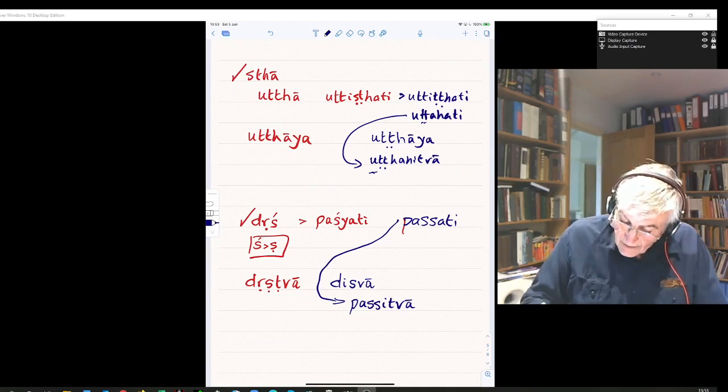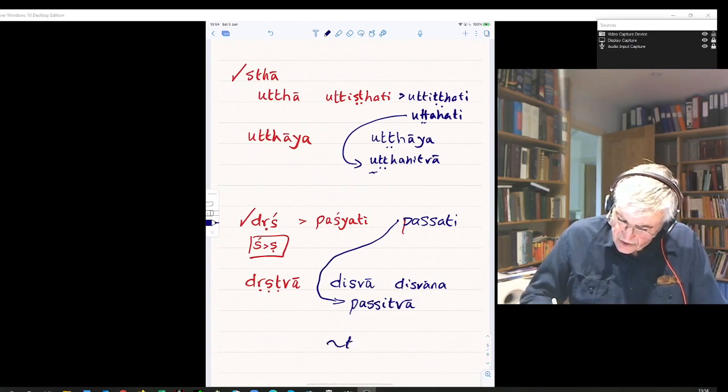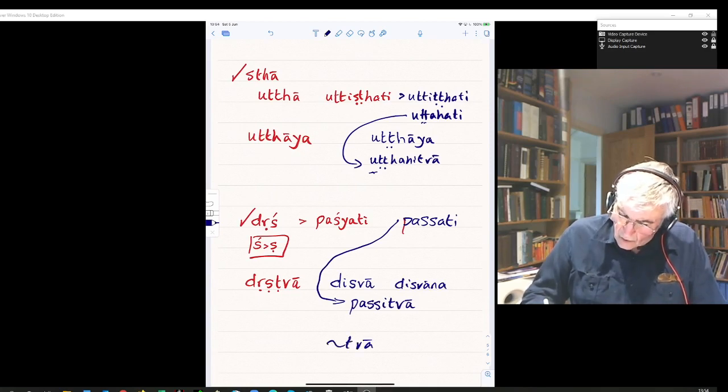Disva, incidentally, the ending, you also see disvana. Many endings in twa, you can see twa or twana. No difference of meaning.